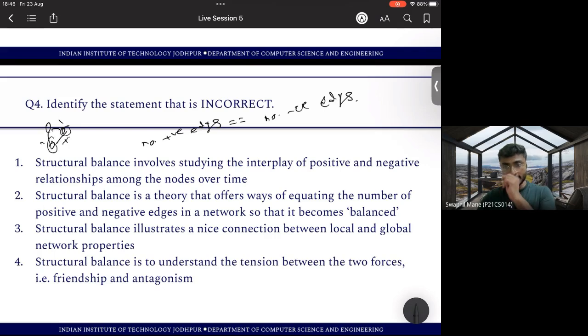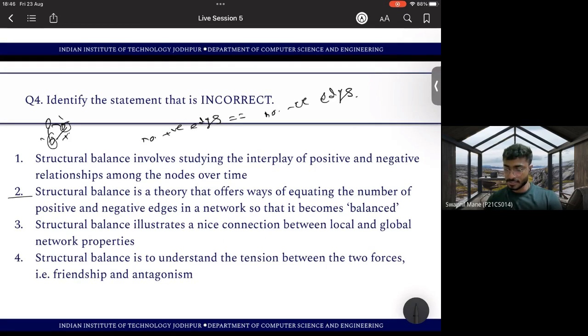So this is a balanced structure, a real-life example we have considered. So this option is incorrect. We are not equating the number of positive and negative edges over the network to make a network balanced.